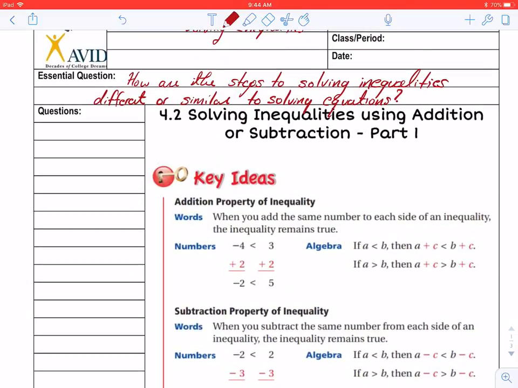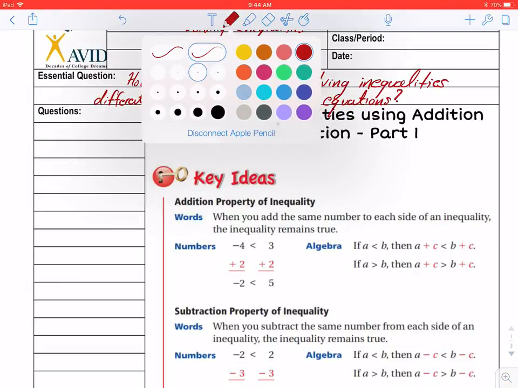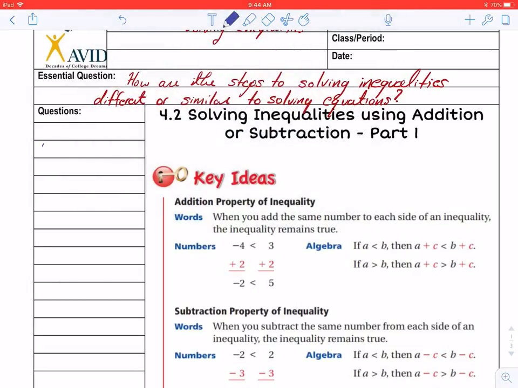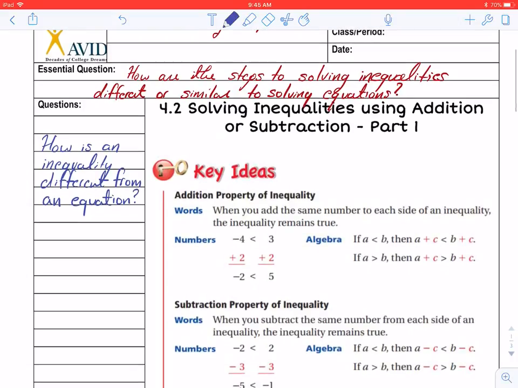So before we begin this, we got to review a little bit of vocabulary, and that is by asking ourselves, how is an inequality different from an equation?